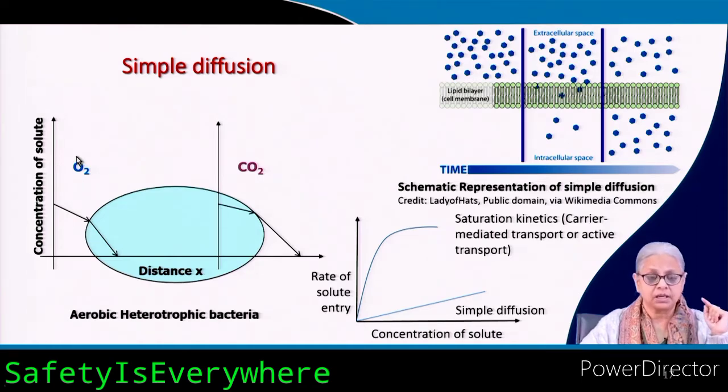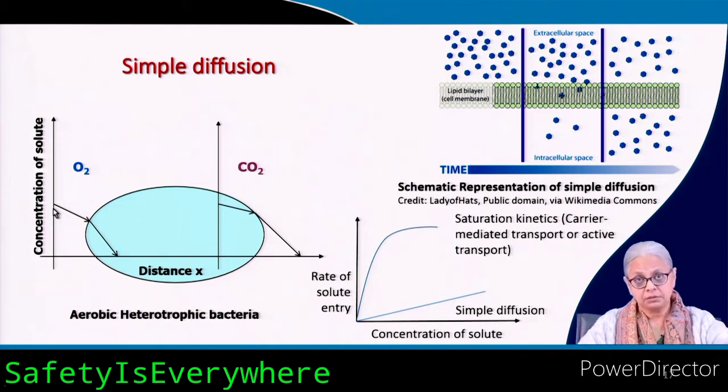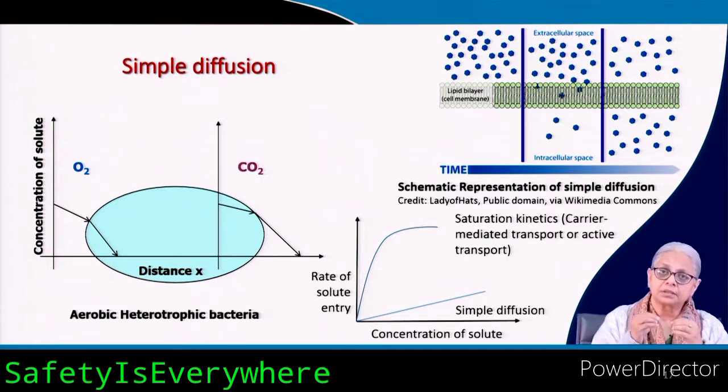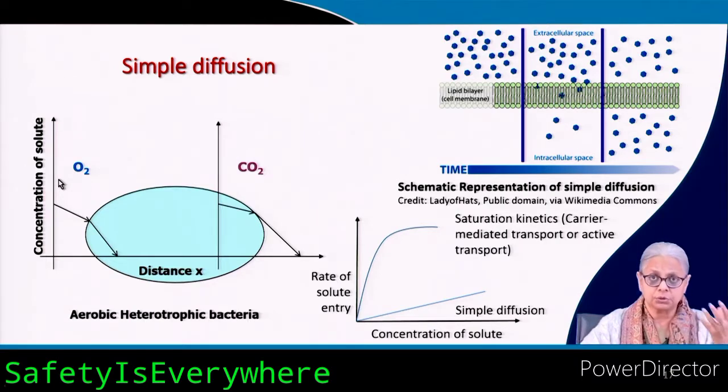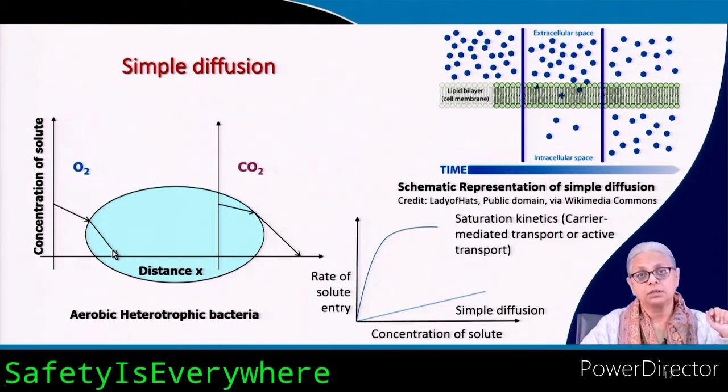Oxygen, on the other hand, we know that the oxygen level in the water is generally higher, because the bacteria is utilizing oxygen inside. So the oxygen inside the cytoplasm is going to be less than the oxygen in the water. So that DO, the dissolved oxygen in the water, is a source of oxygen for the cell. So as long as the concentration outside is higher than the concentration inside, Fick's law will be the operational principle. So it will diffuse into the cell.